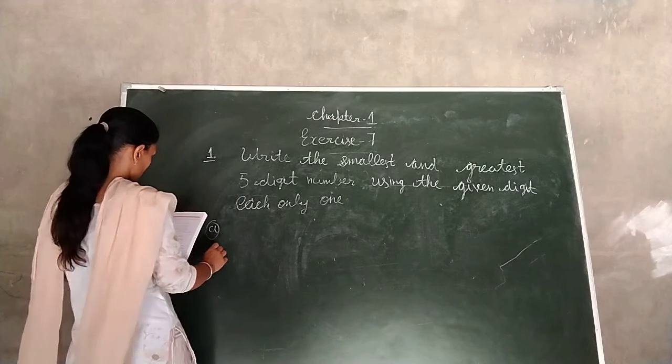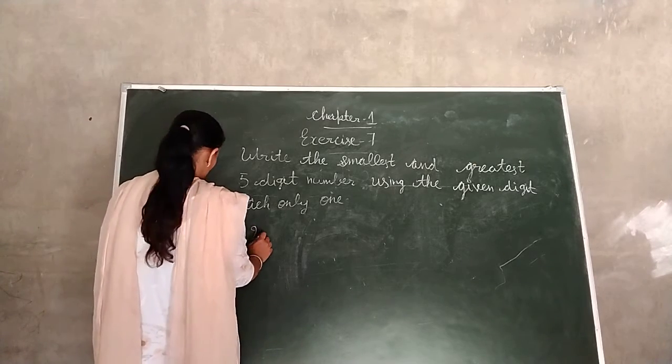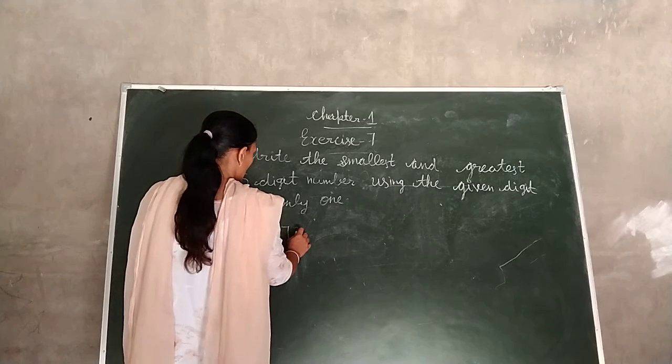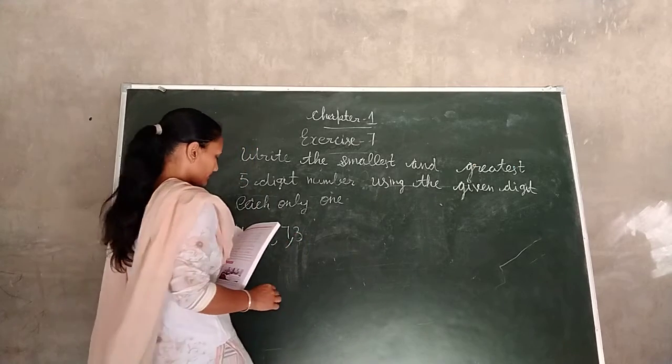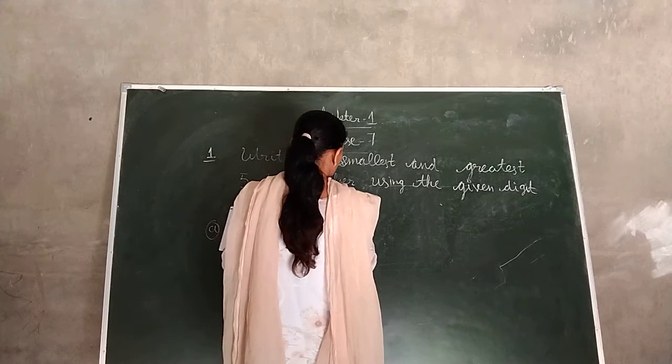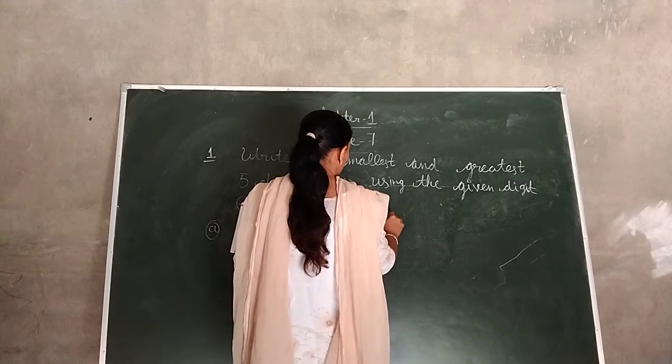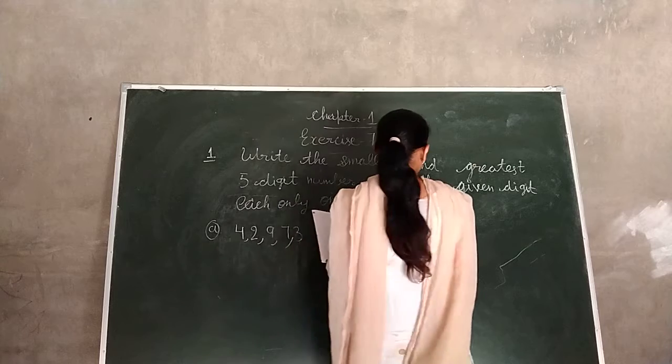So first is 4, 2, 9, 7, 3. Smallest number and greatest.